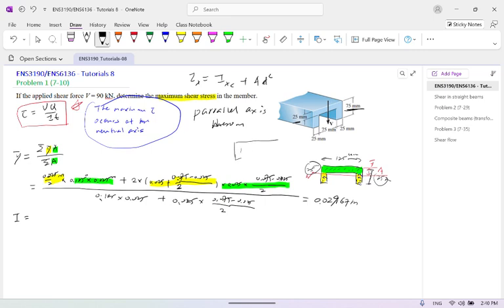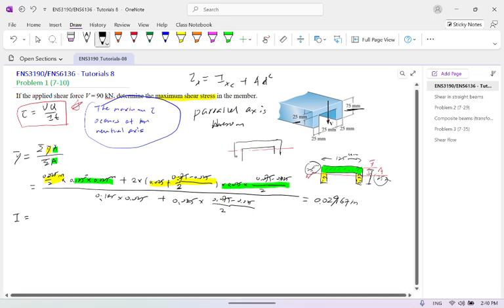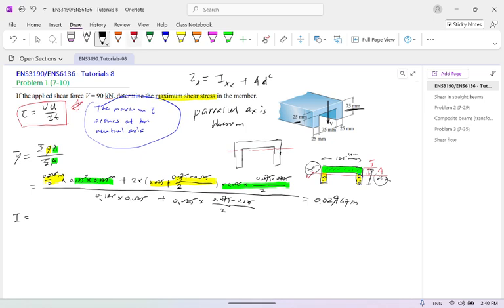I just remove all the parts. So from here, the neutral axis is somewhere here. There's a neutral axis.